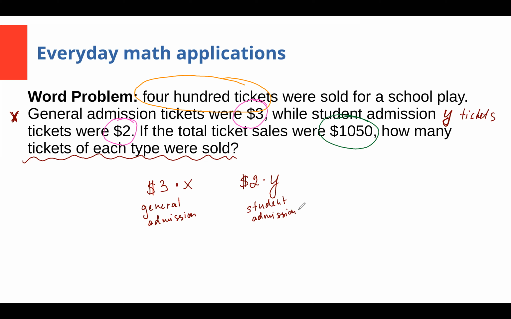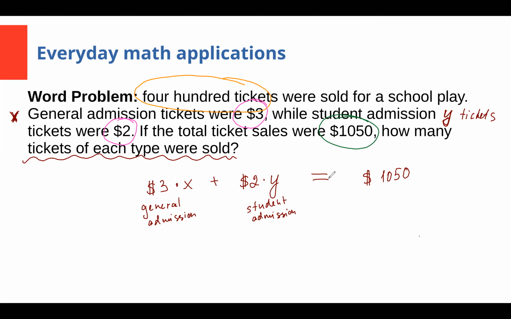Now we know that the total ticket sales were 1,050, right? So they did receive $1,050 from both sales. So what does it mean? I should add them up and say that it's equal to 1,050, right?